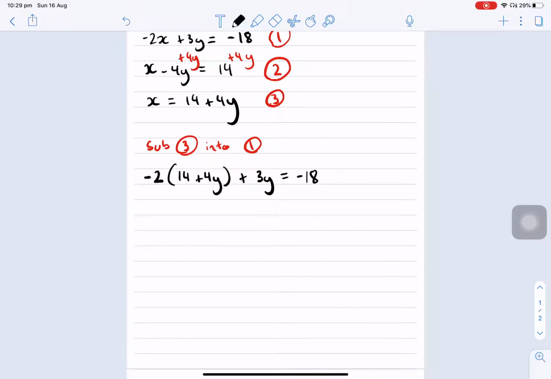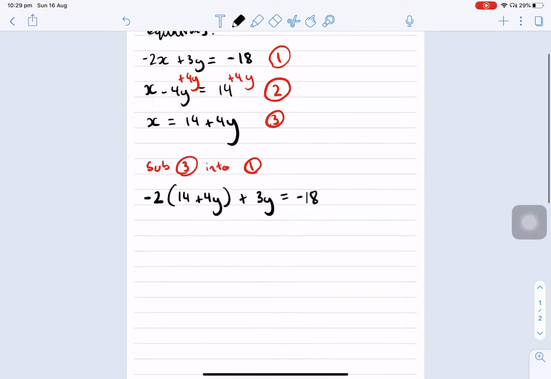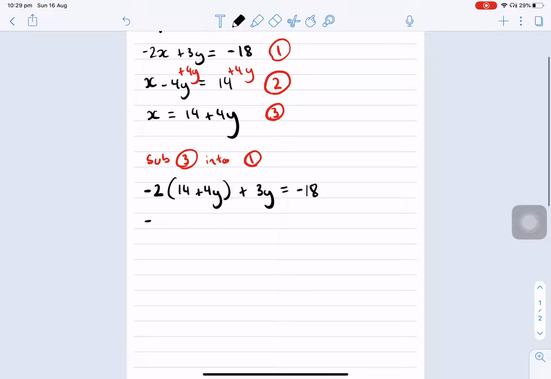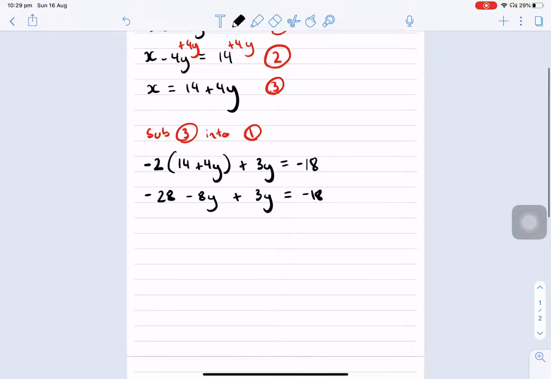Okay, let's solve the brackets here. So we've got negative 2 times 14 gives us negative 28. And then we've got negative 2 times plus 4y gives us negative 8y. And then we just complete the remainder of this equation, which is plus 3y equals negative 18.